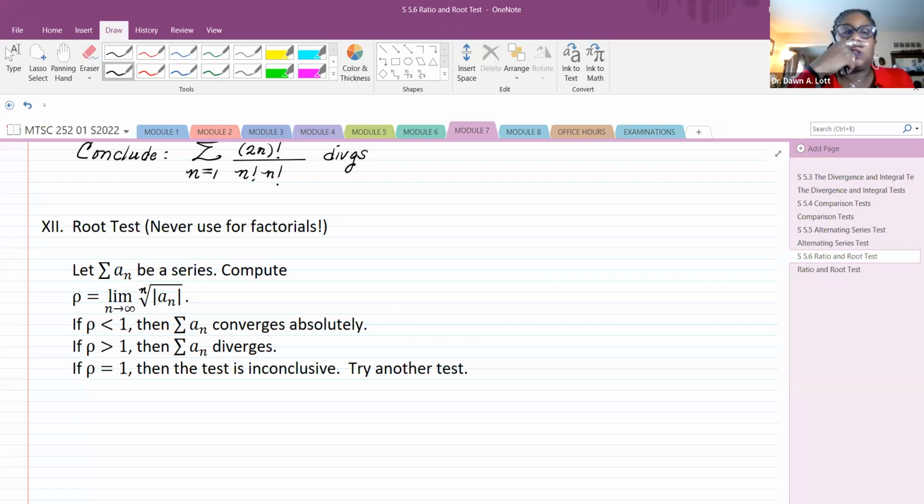Then if rho is less than 1, the series converges absolutely. If rho is greater than 1, the series diverges. And if rho is equal to 1, the test is inconclusive. Okay, so this is the root test.